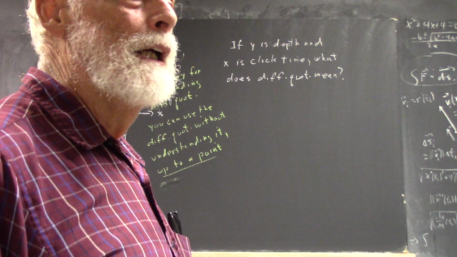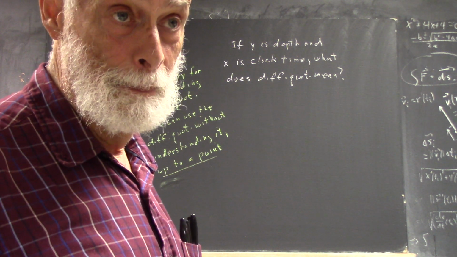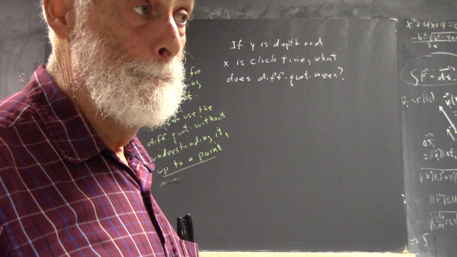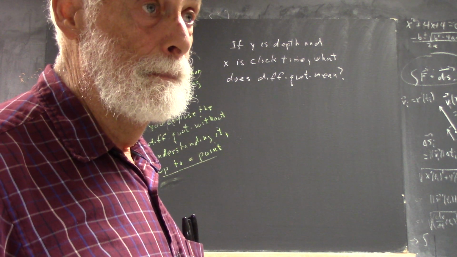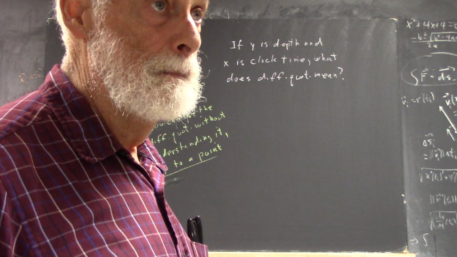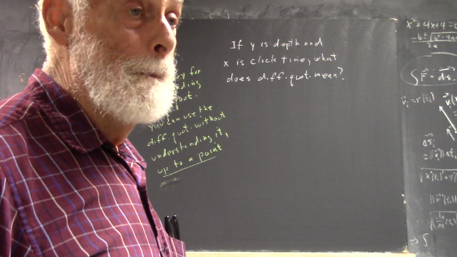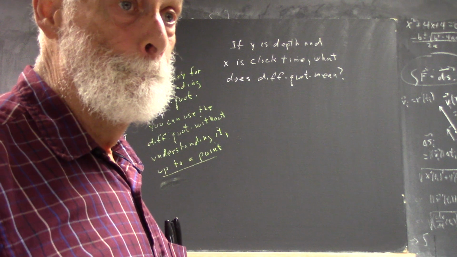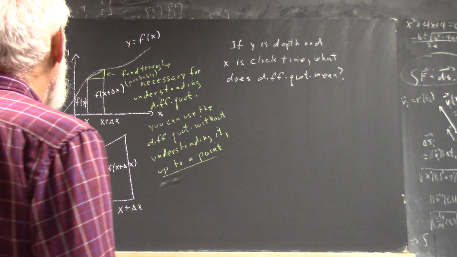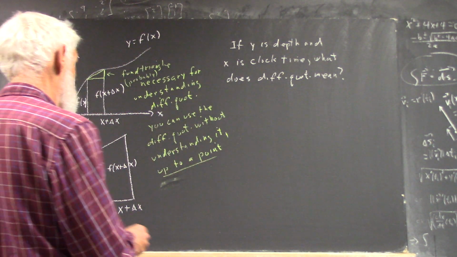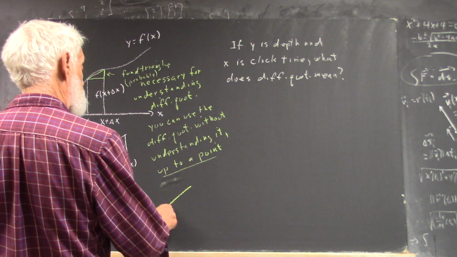Now, how do you answer what the difference quotient means? Is that going to be your slope? The difference quotient is a slope. Because the difference quotient is, well, let's look at the fundamental triangle. So here's your fundamental triangle.